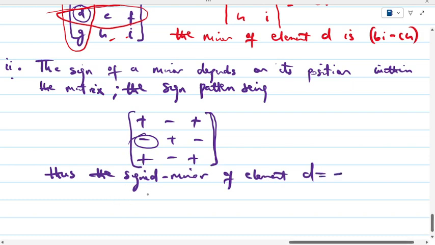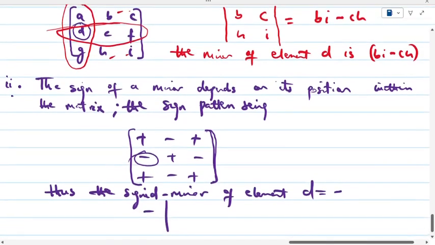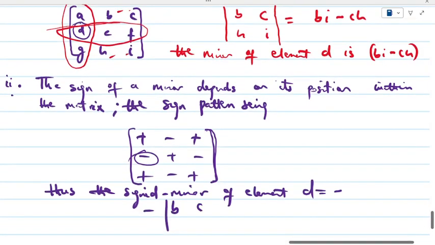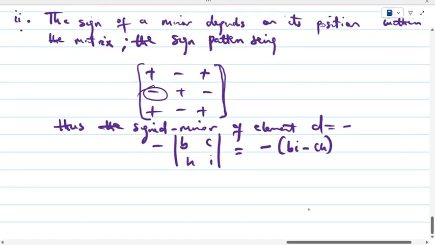That means that we are going to find the negative determinant, BCHI. So this will give a negative result, minus Bi minus Ch.